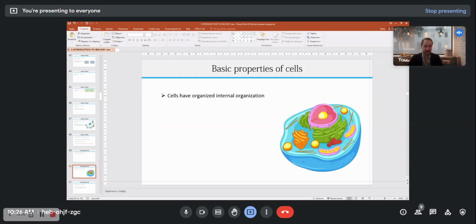And this is a nice simplified picture showing that inside of the cell there are actually well organized structures.